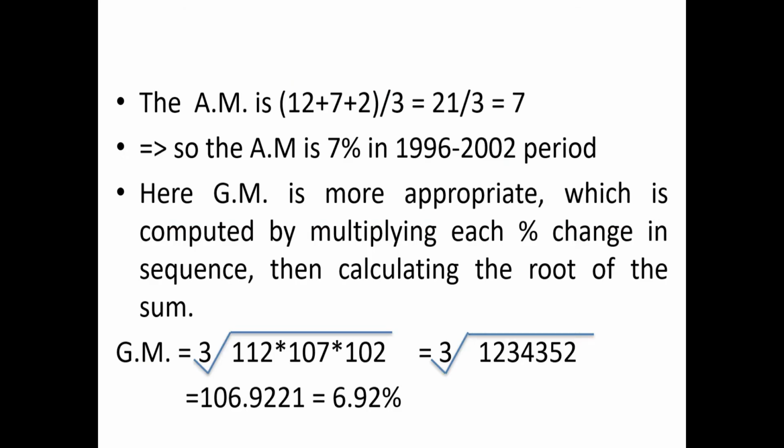But just see, when we compute the geometric mean, here we are finding the growth rate. Mind it, the arithmetic mean comes out to be 12 plus 7 plus 2 divided by 3, that is 7. That is, 7% is the growth rate in the arithmetic mean. But when we calculate the geometric mean, it works out to be 6.92%. So here we have to use the geometric mean, not the arithmetic mean.